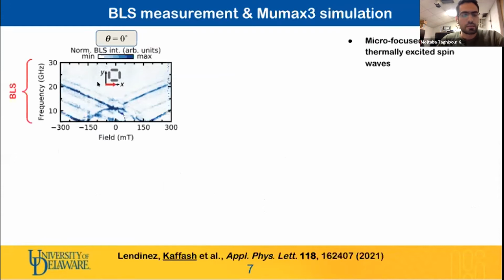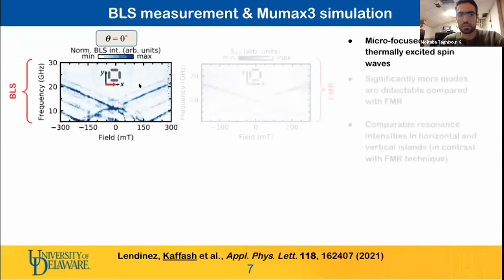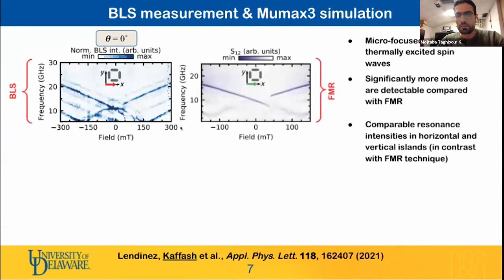Here is at 0 degrees applied magnetic field. Compared with the FMR technique that I showed you previously, it can be seen that there are significantly more modes detectable. In addition, there are comparable resonance intensities in horizontal and vertical islands.